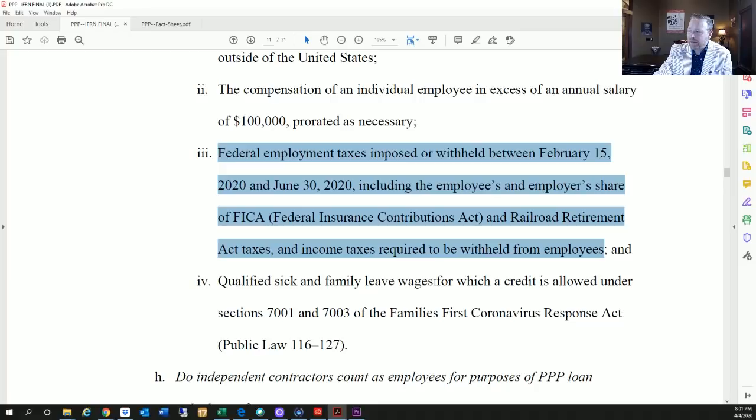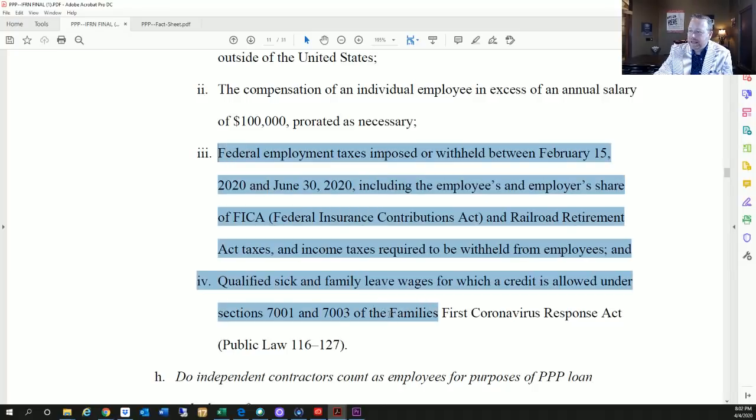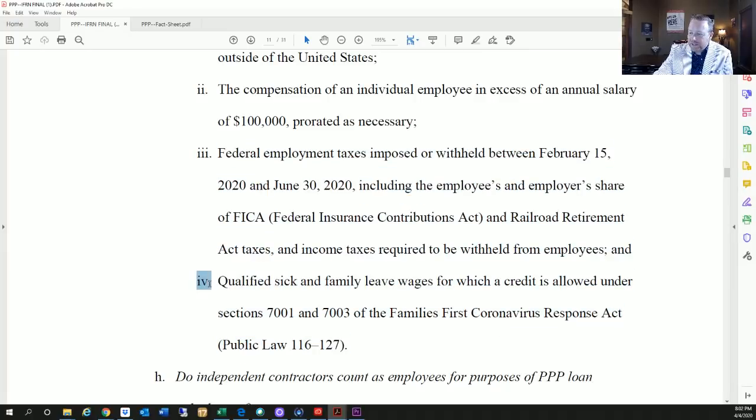Qualified sick and family leave wages for which a credit is allowed under Section 7003. That credit is applied to these things up here. So in my opinion, maybe what would make it clear is not having that there.